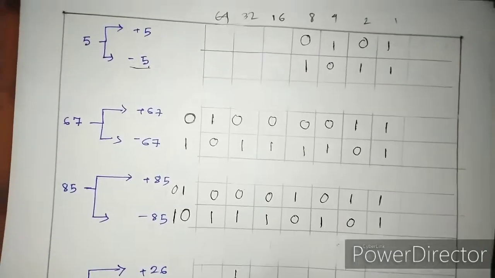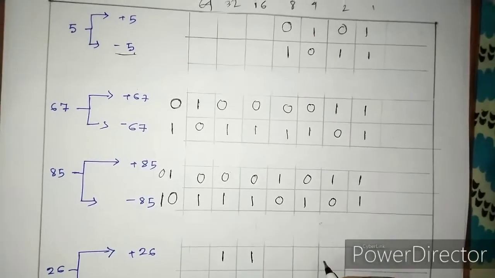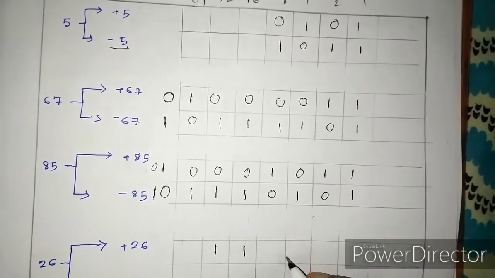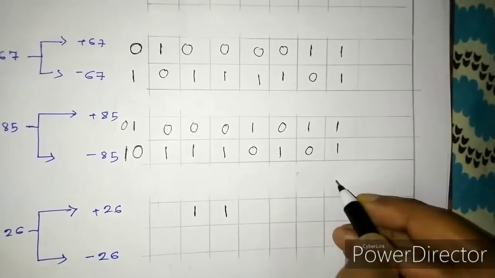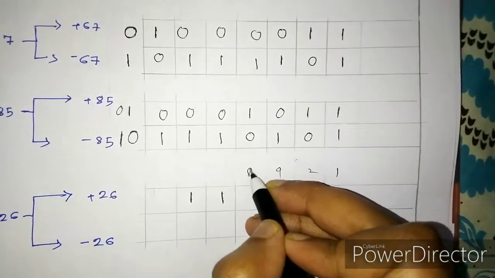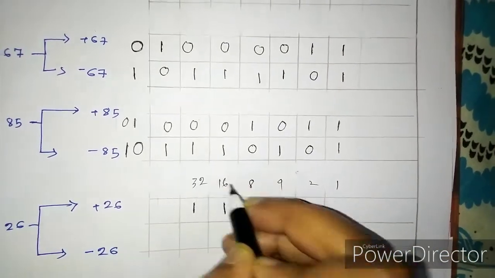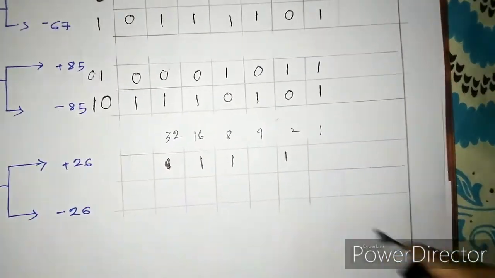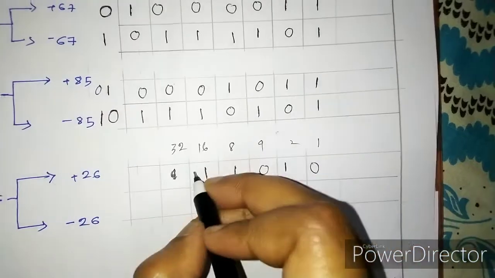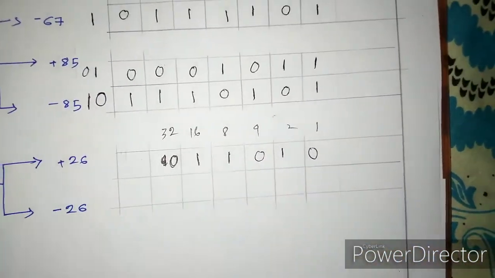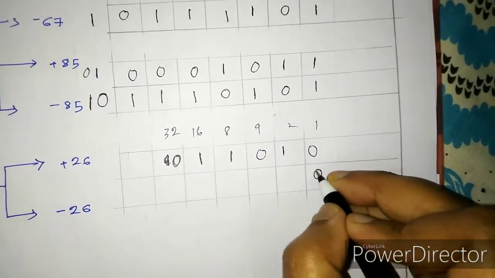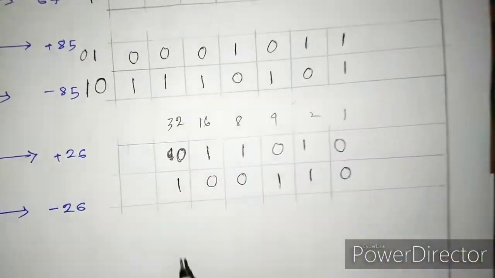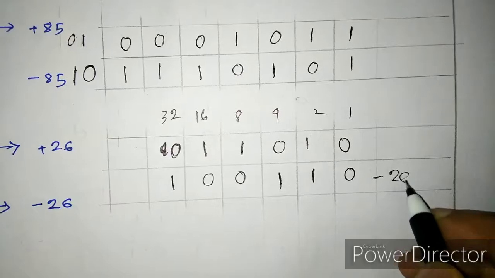Now 26: 16, 8 and 2, so 16 plus 10 is 26. There will be a 0 to represent it as a positive number, and for minus it will be 1, 1, 0, 0, 1, 1, 0. So this is -26.